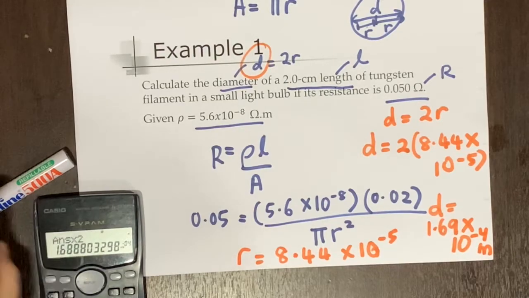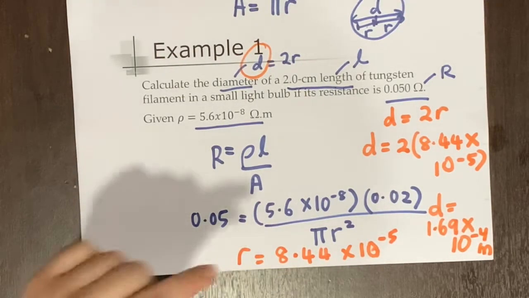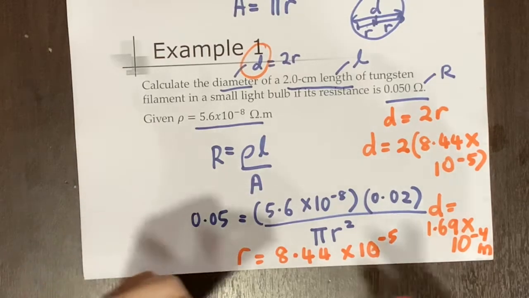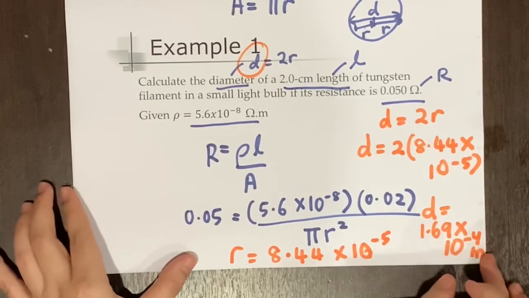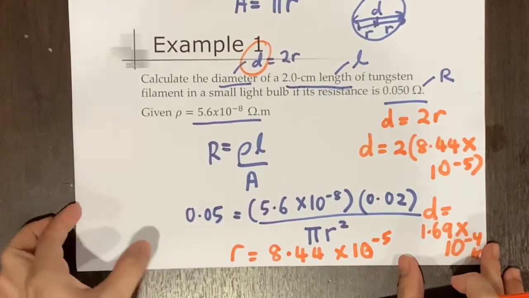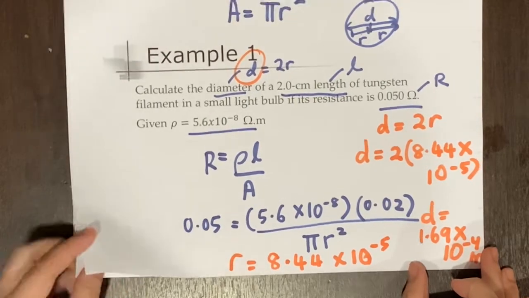That's how you find the diameter of the tungsten filament. If you stretch the tungsten filament up, it will be a very thin cylinder.